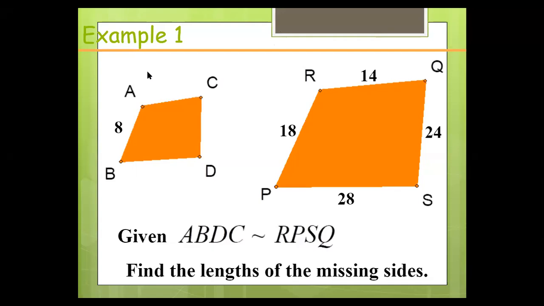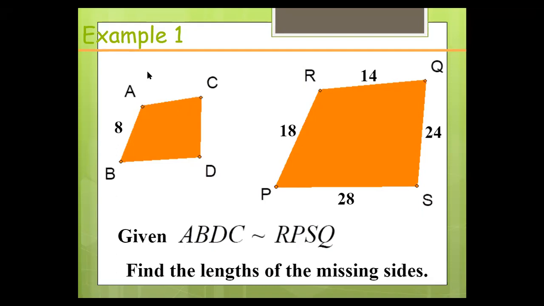Then we will start from the smaller to the bigger one. The scale factor will be how many? 8 over 18. So it will be 8 over 18, and in simplest form, it will be 4 over 9. Okay, thank you so much, Farah.